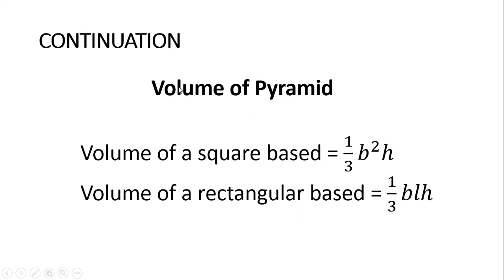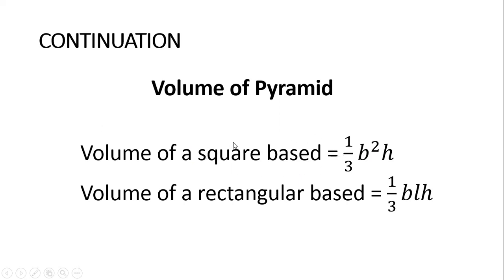The volume of the pyramid is, like we said, a third of the base area times its height. Just like I said earlier concerning our cone and our cylinder, the same way with a square base, which is a cube.